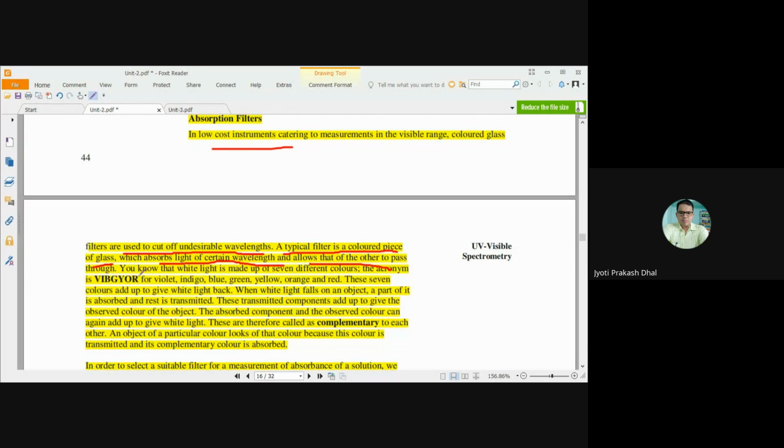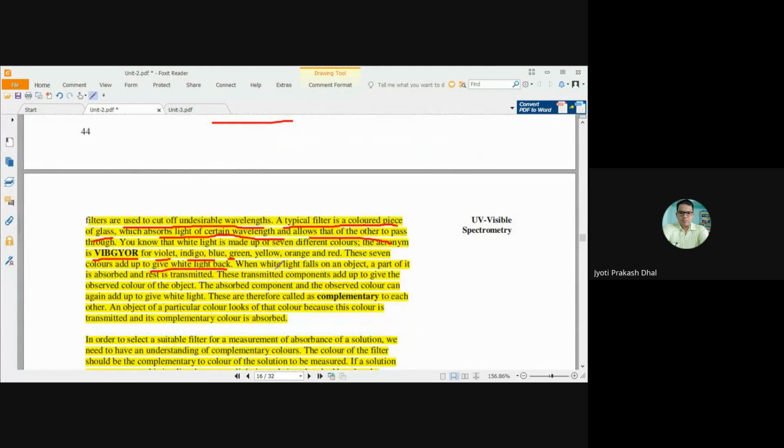You know that when white light is made to fall on a prism, it will split into different colors: violet, indigo, blue, green, yellow, orange and red. These seven colors add up to give the white color. When white light falls on an object, a part of it is absorbed and the rest is transmitted.